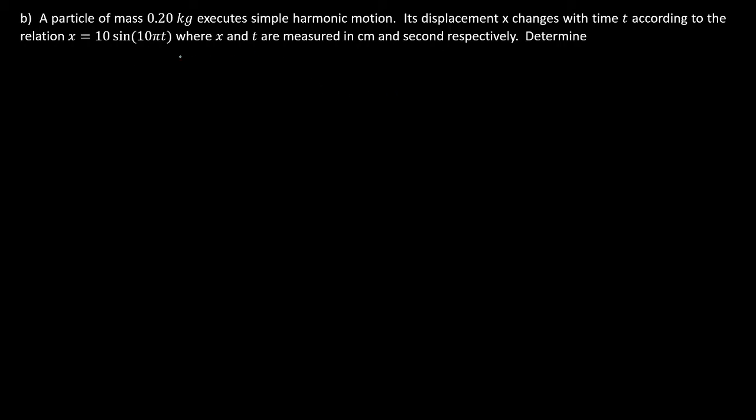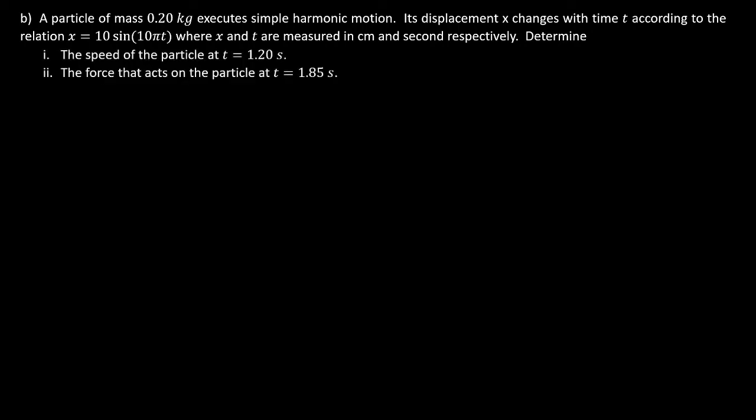So the answer must be in terms of centimeter and also second. Now you want to find the speed of the particle at t equals 1.20 s. So you are given the displacement, but we want you to find v when t equals 1.20 second.